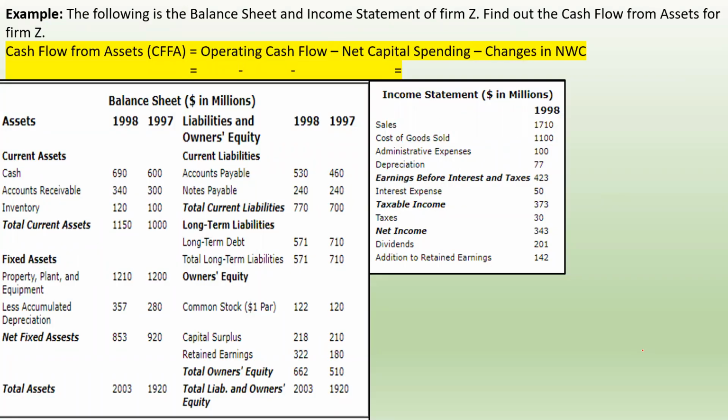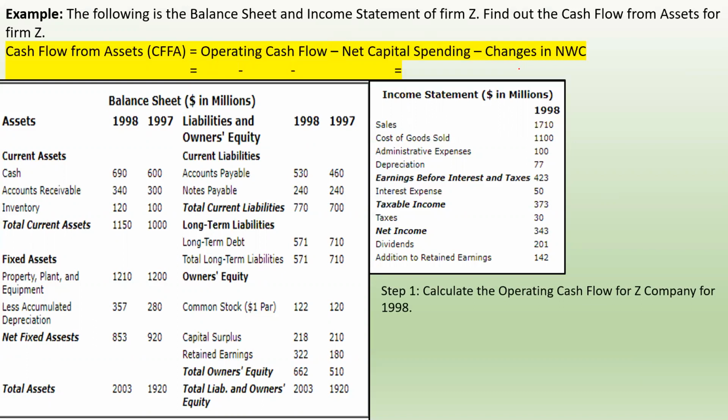Here's one more practice. The following is a balance sheet and income statement for Firm Z, and we need to find the cash flow from assets. Remember, the cash flow from assets is operating cash flow minus net capital spending minus changes in net working capital.